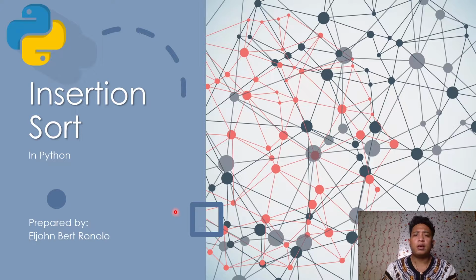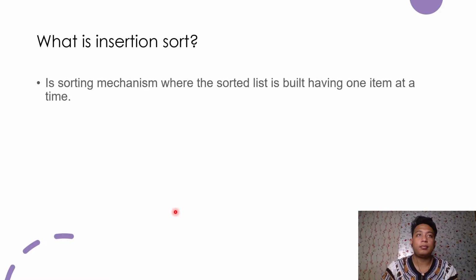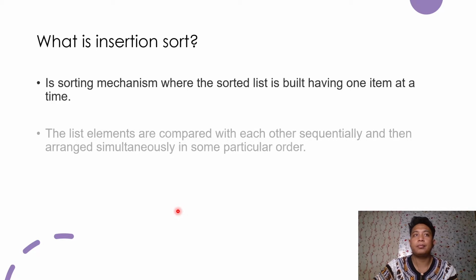So, before anything else, we will try to define what is insertion sort. Insertion sort is the sorting mechanism where the sorted list is built having one item at a time.